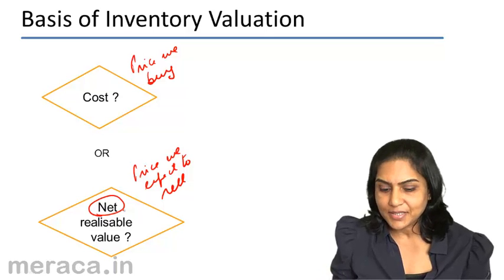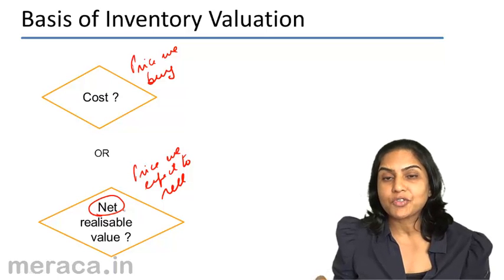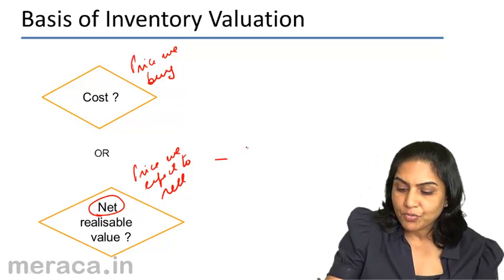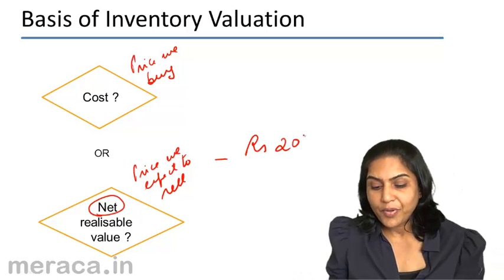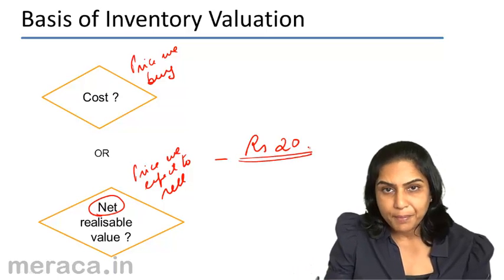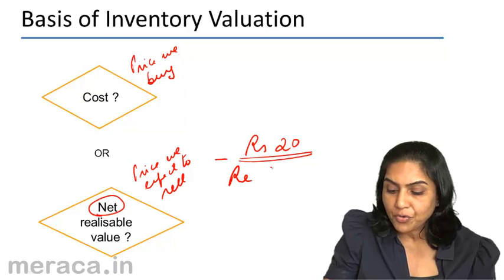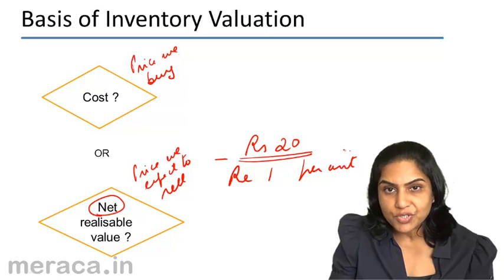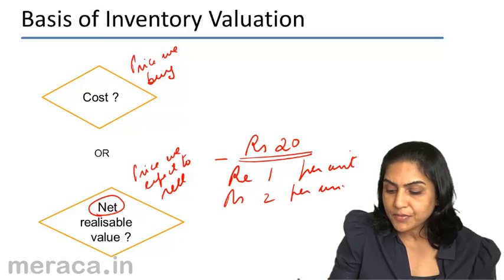Let us take a simple example. Suppose the selling price of the particular stock in hand is rupees 20. However, this particular item is not complete. There is some finishing work on it to be done. This finishing work would involve a cost of rupee 1 per unit. Also, in order to sell, we need to pay a commission of rupees 2 per unit.